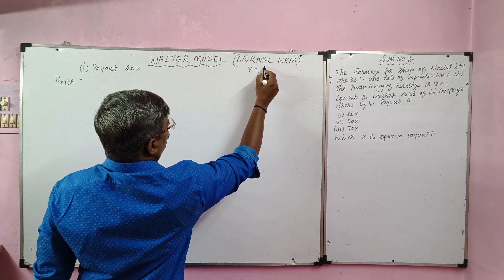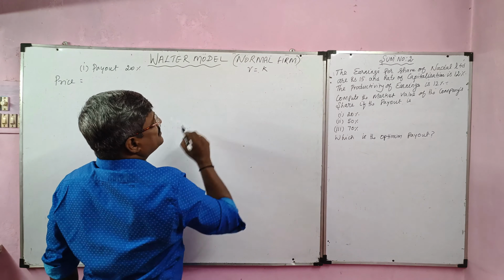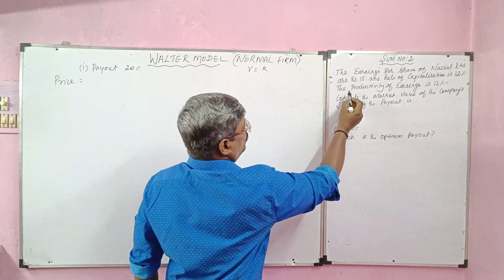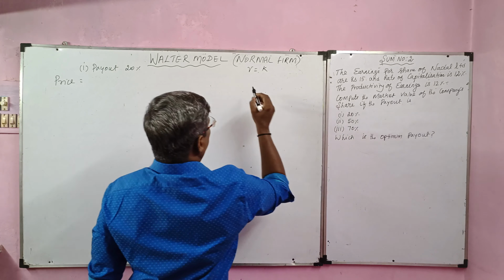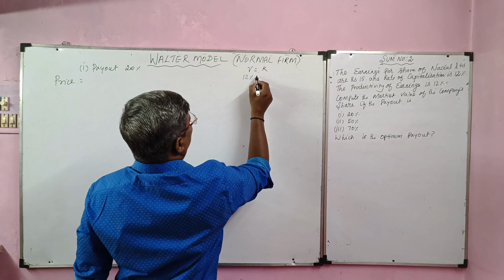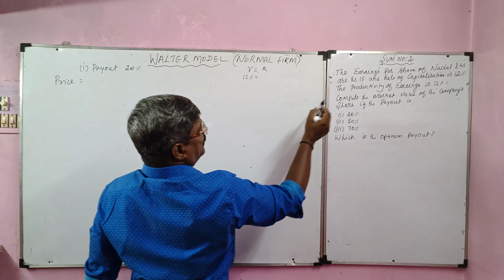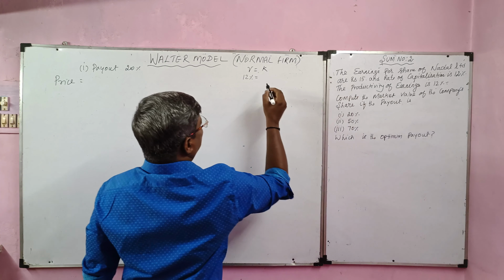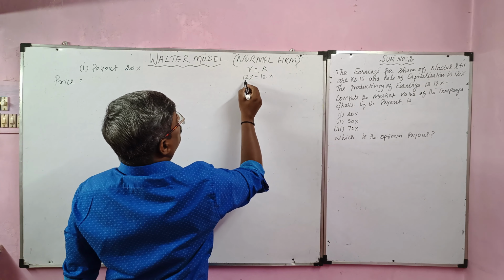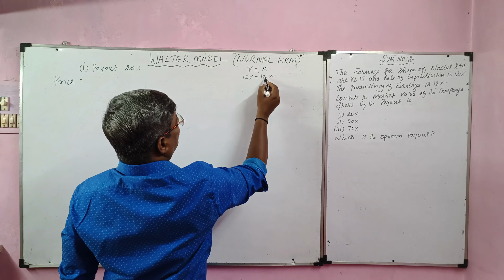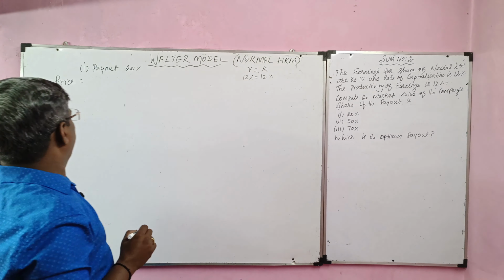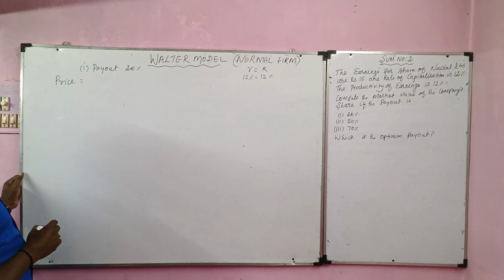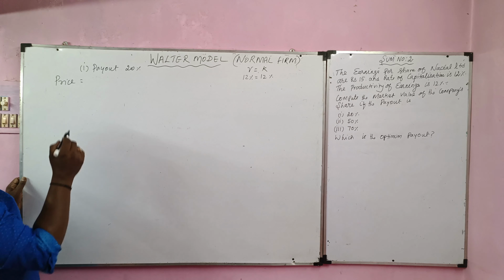Here R equal to K. R means internal rate of return. So productivity of the earning is 12%, that is R 12% equal to K, rate of capitalization is 12%. So internal rate of return and cost of capital both are same.